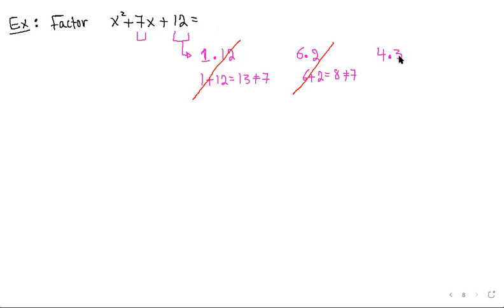Third one, 4 times 3 is 12, and 4 plus 3 is 7. So great, this is what I need. So the factor for x squared plus 7x plus 12 is x plus 4 times x plus 3.